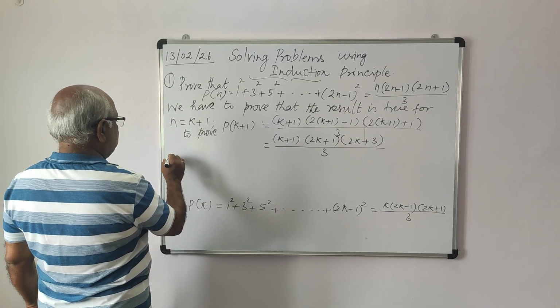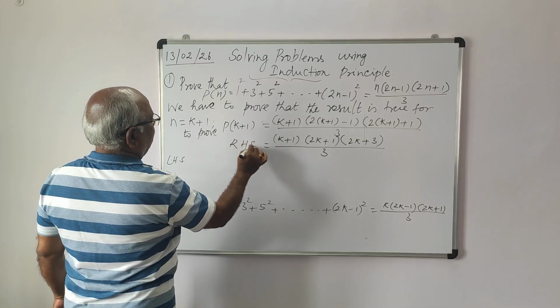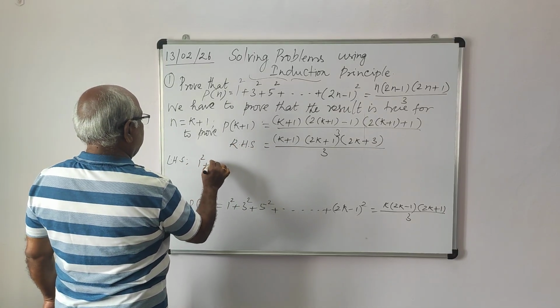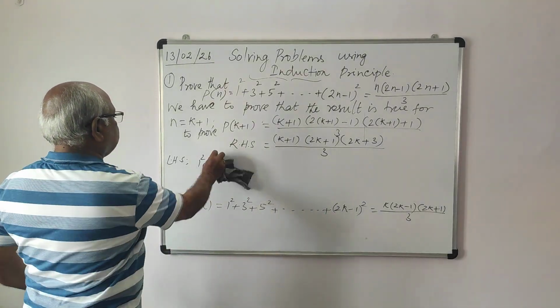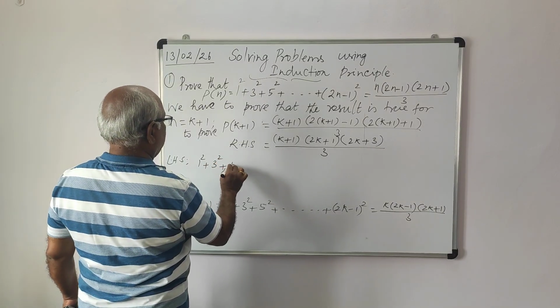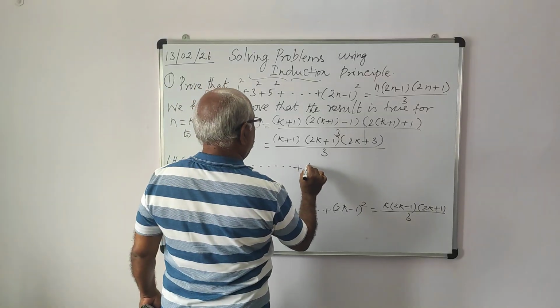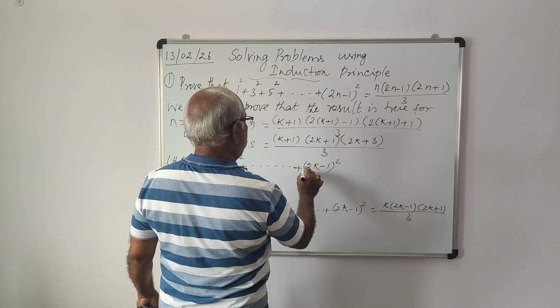We will check whether the result is true by applying the left hand side. Left hand side is what? This is your right hand side. Left hand side is 1 square plus 3 square plus 5 square etc. plus (2k minus 1) whole square.